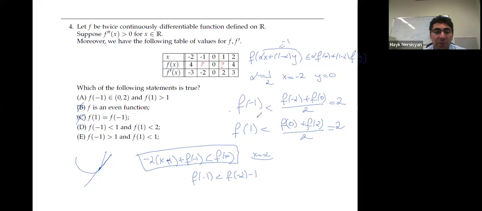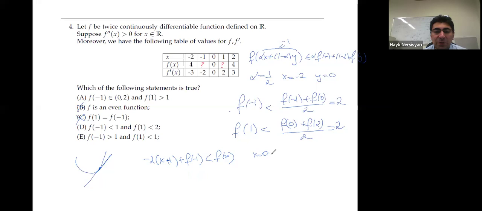We had something better. What if instead of -2 we plug here x is 0? We'll get that f(-1) is smaller than f(0), which is 0, is smaller than 2. Again, not an informative thing.